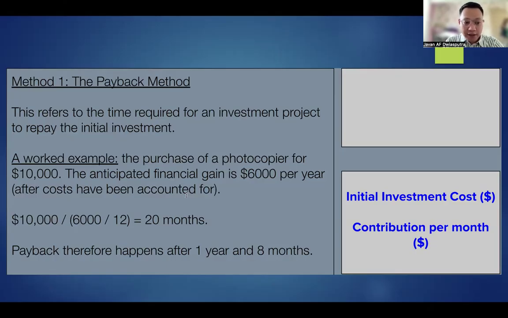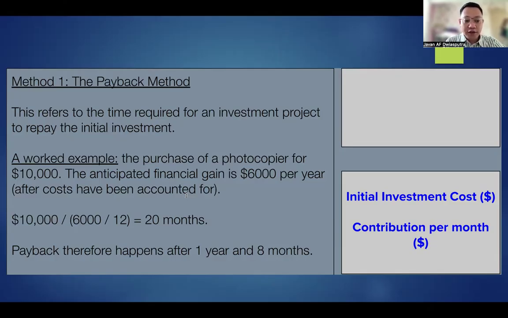Next, we divide the initial investment by the monthly contributions: $10,000 divided by $500 equals 20 months. This means the business will recover the initial investment after 20 months.